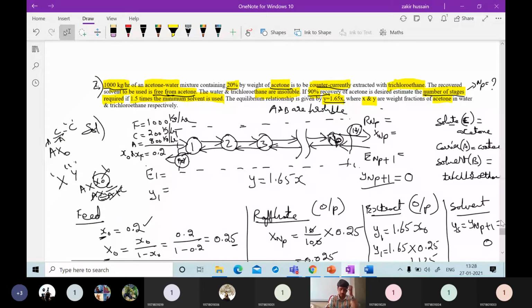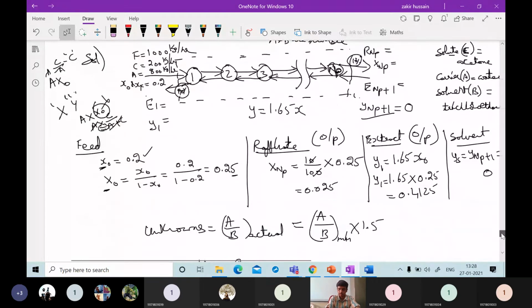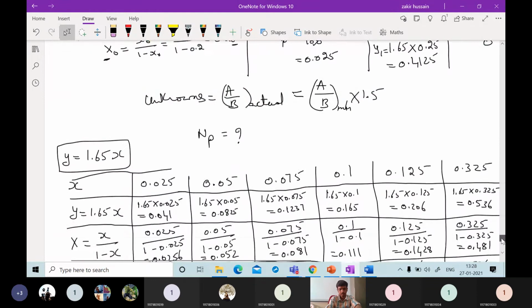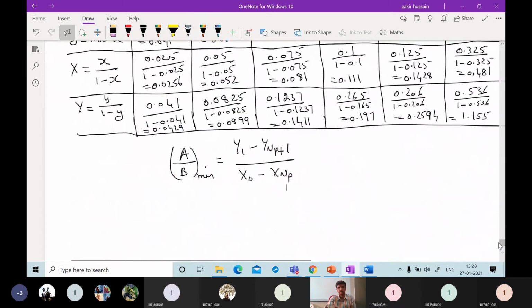Here, if you see, y1 is 0.4125, xnp is 0.025, x naught is 0.25.